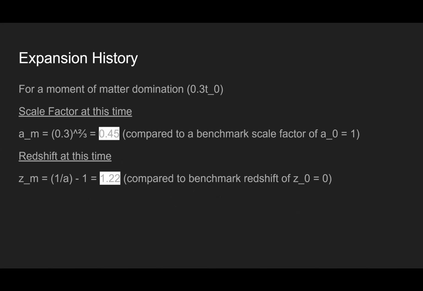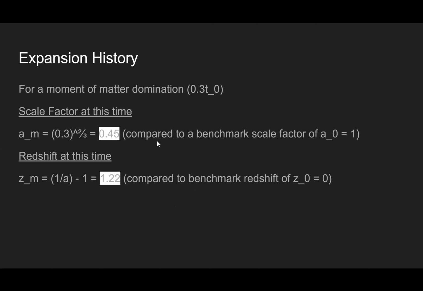Moving on to expansion history. So I chose a moment of matter domination. It's going to be about 0.3 times the Hubble time. Calculating the scale factor this time, a is going to be, plug 0.3 in, and you get 0.45 for the scale factor at this moment in time.